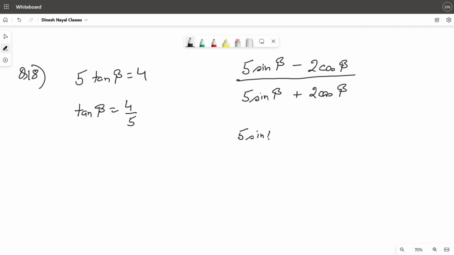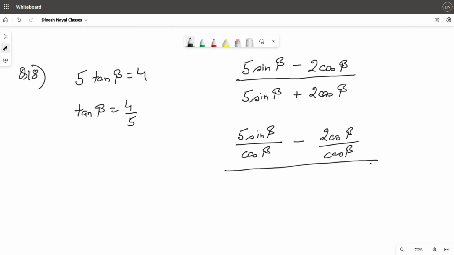So this will be 5 sin beta by cos beta minus 2 cos beta divided by cos beta, whole upon 5 sin beta by cos beta plus 2 cos beta by cos beta. We know that sin by cos is tan.